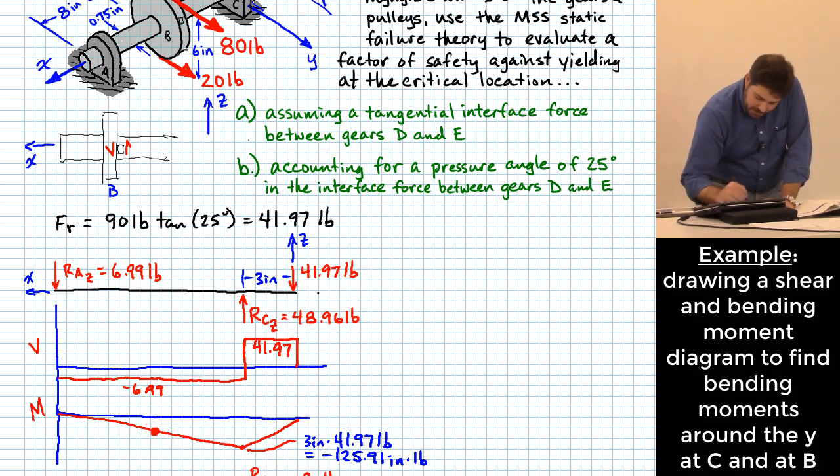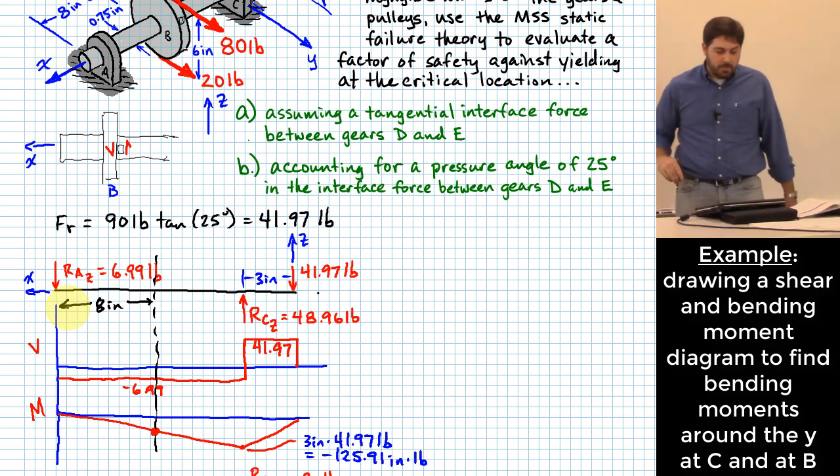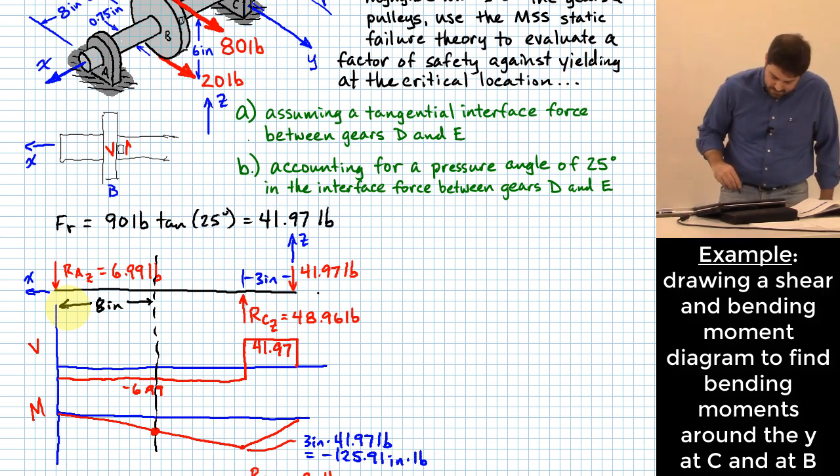There's another location here. Even though nothing happens on this diagram 8 inches from one end, it's still an important place that I might need to check. What's my bending moment there?